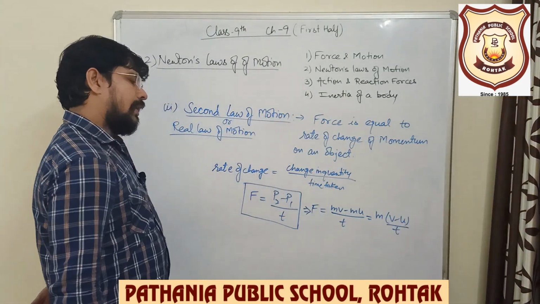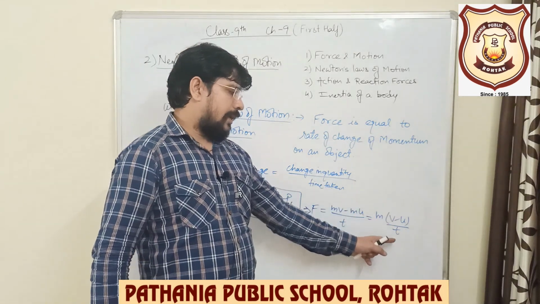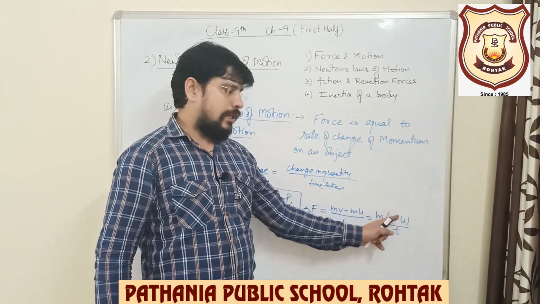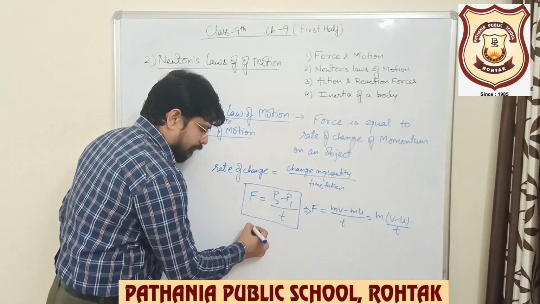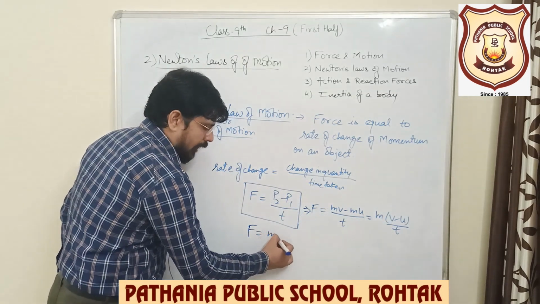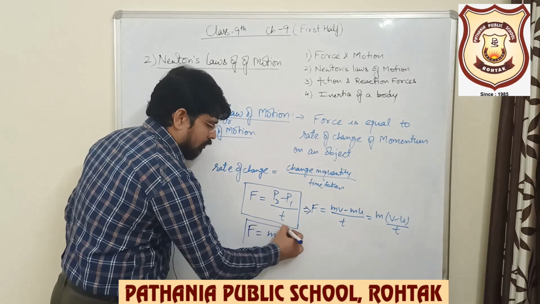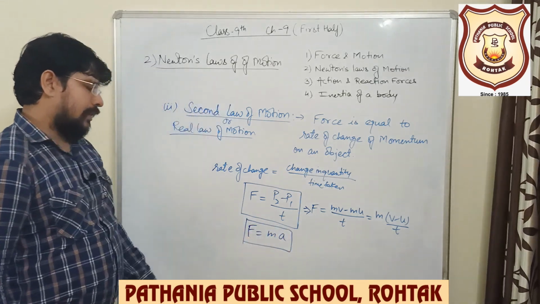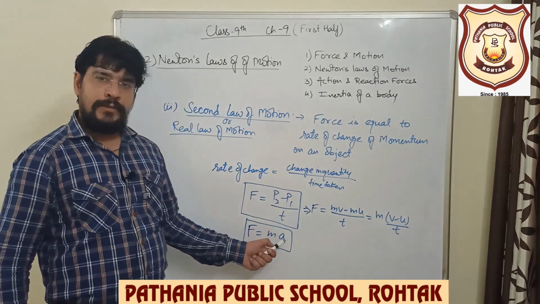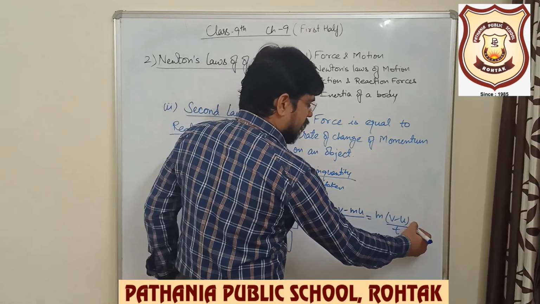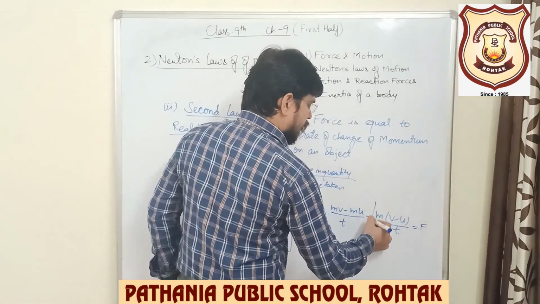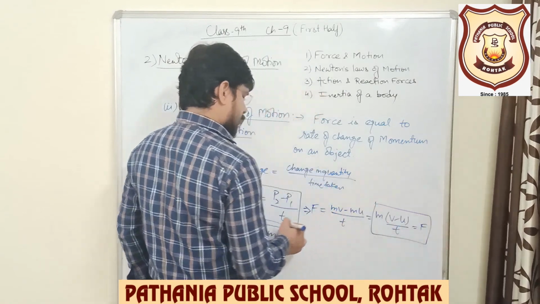And we all know that v minus u divided by t is the rate of change of velocity, which is also known as acceleration. So I can write F is equal to ma. This is also a very famous relation, F is equal to ma, and all these relations represent Newton's second law of motion.